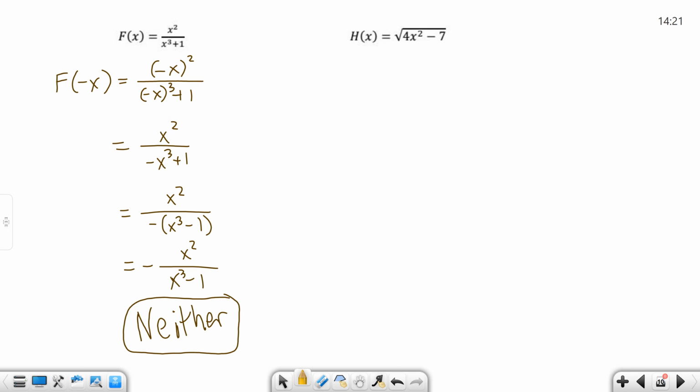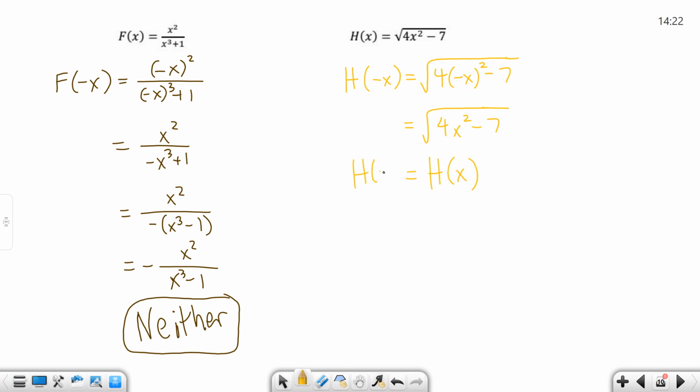So h of x, capital H, is the square root of 4x squared minus 7. So we check it how? H of negative x. That's the square root of 4 times negative x squared minus 7. So that's going to be the square root of 4x squared minus 7. And that's the same thing, isn't it? So this equals capital H of x.